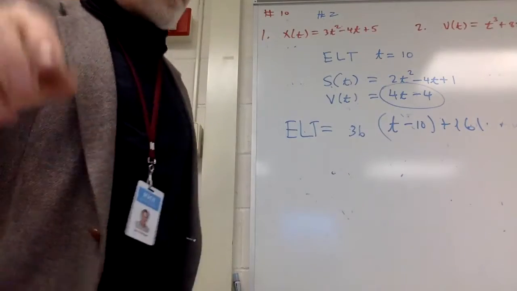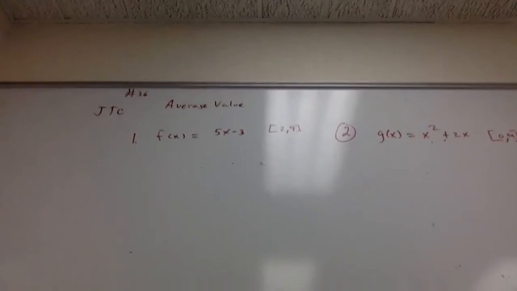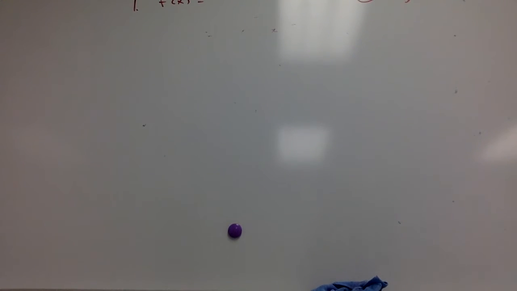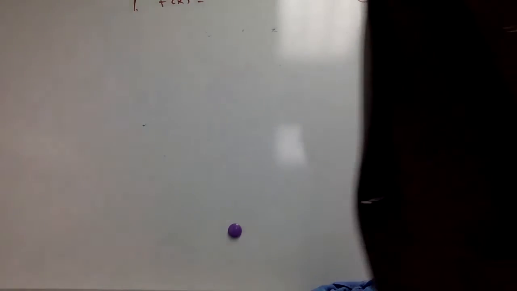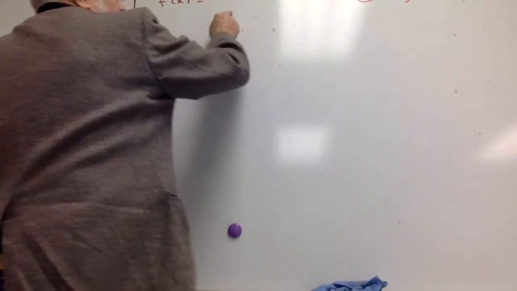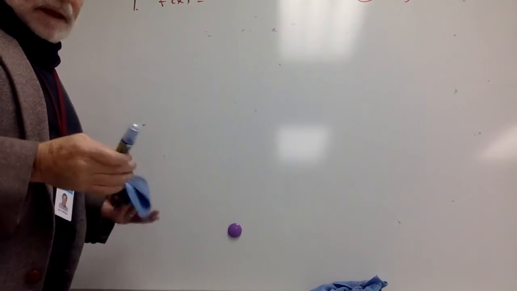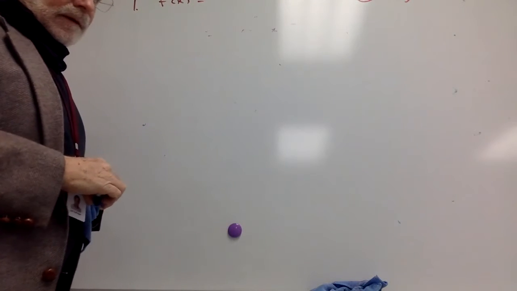Okay, third problem. The easiest way to get 2 points on your test on Monday is to do the following problem. Find the average value of the function f of x equals 5x minus 3 from 2 to 9. It actually might be the easiest problem on the test.